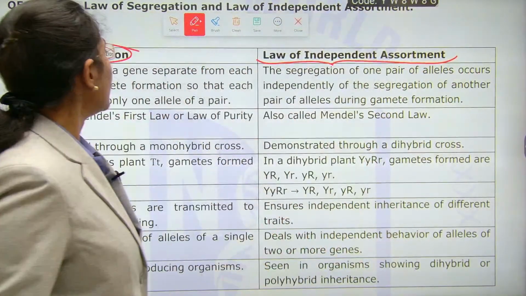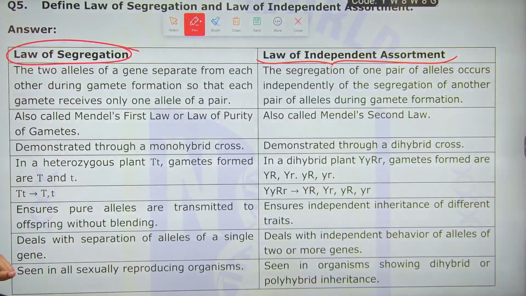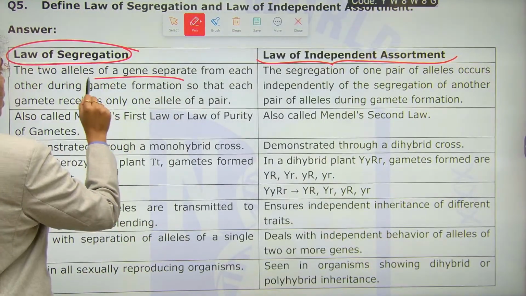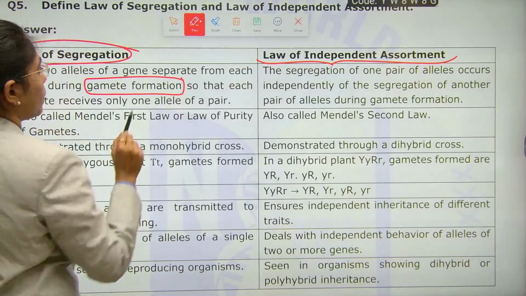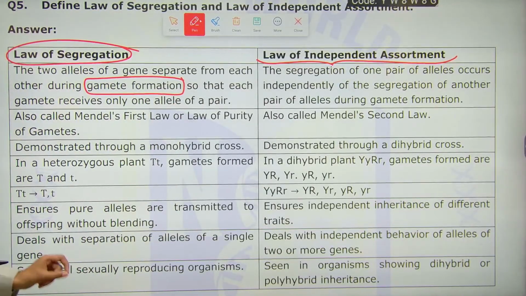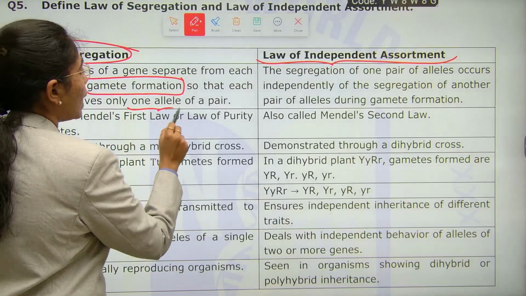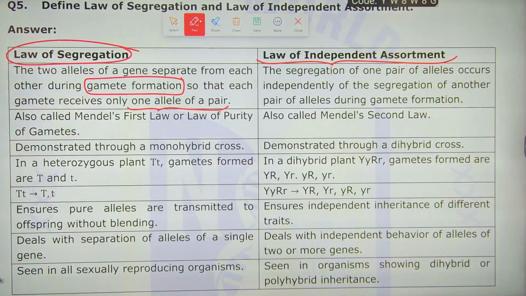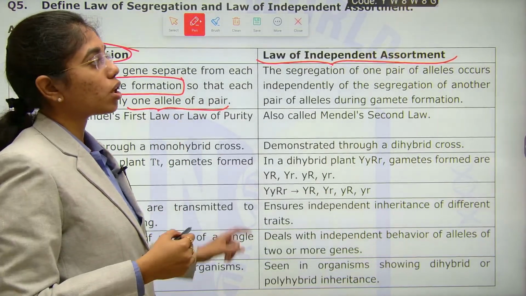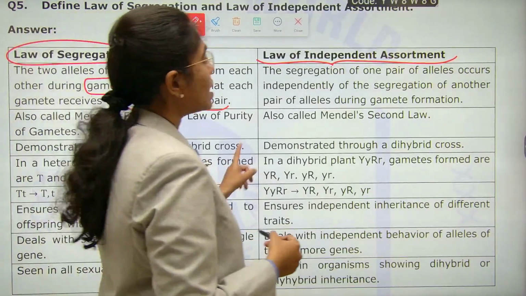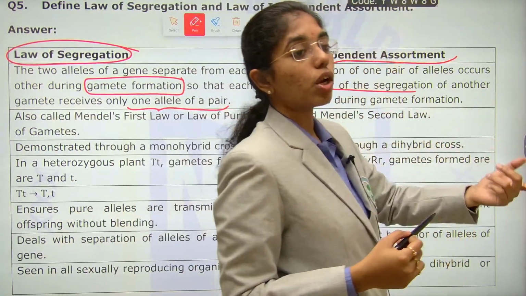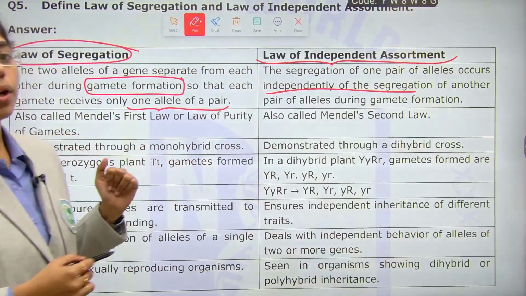In the law of segregation, two alleles of a gene separate from each other during gamete formation, so that each gamete receives only one allele of a pair. In independent assortment, the segregation of one pair of alleles occurs independently of the segregation of another pair of alleles during gamete formation.